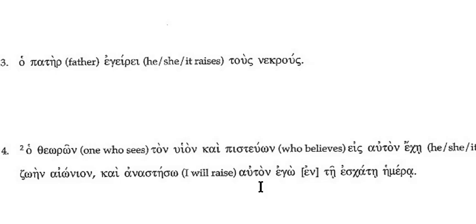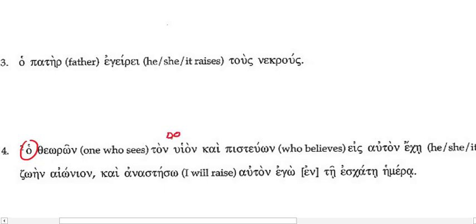Now, he translates ho theoron for you. So, he gives you theoron. You've got an article in front of it. So how should you translate that? The one who sees. And since this is a participle, you don't know that, but it's a verbal form. There is an object of the verbal form.